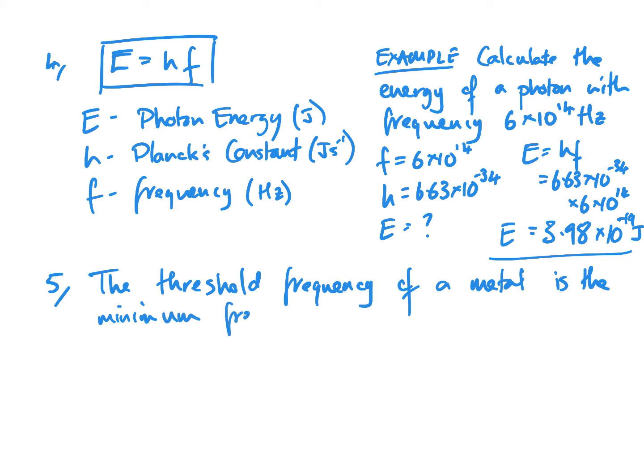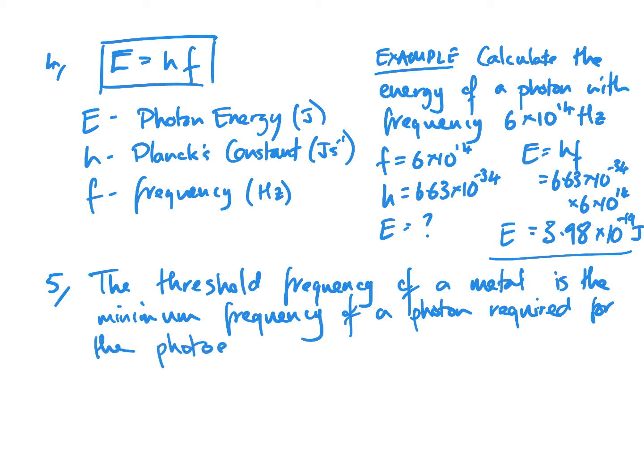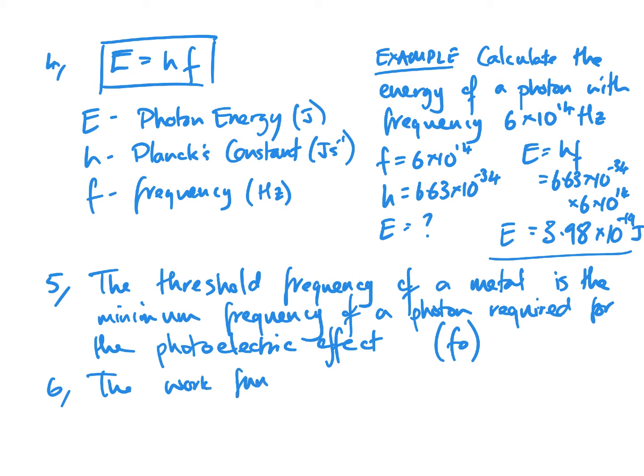It is the minimum frequency of a photon required for the photoelectric effect. And it's often given the symbol F naught. And the equivalent energy is called the work function.